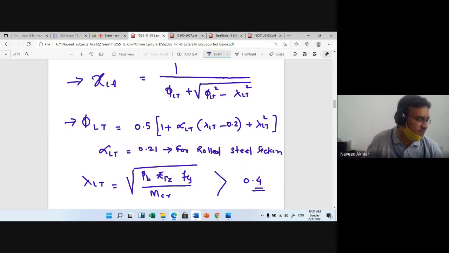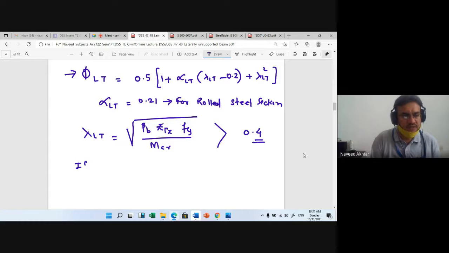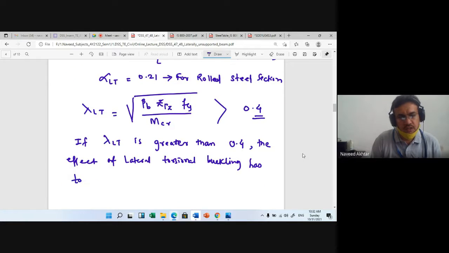If lambda LT is greater than 0.4, the effect of lateral torsional buckling has to be considered.